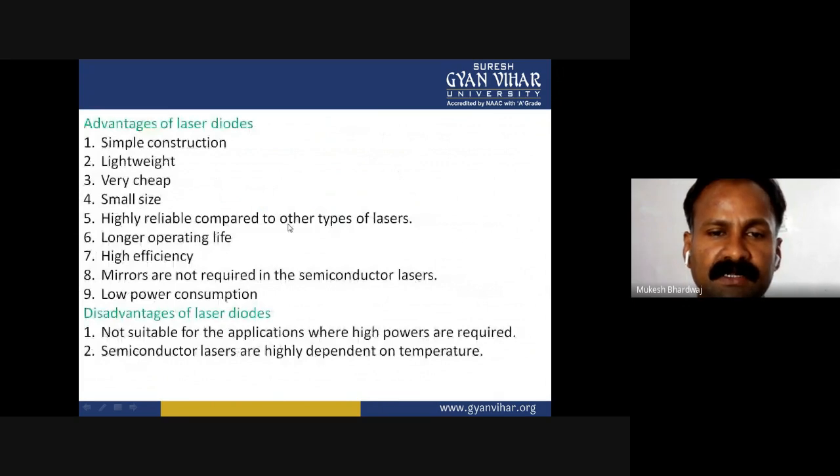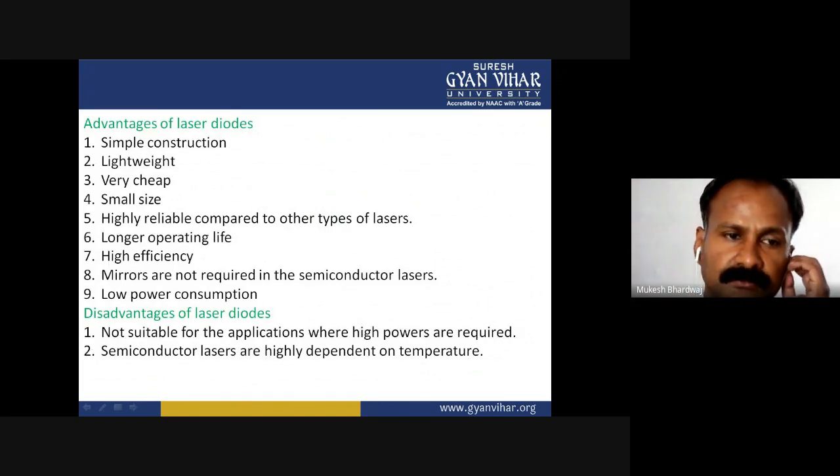Now, these are the advantages of the laser diode. A laser diode is simple in construction, light in weight, very cheap, small in size, and highly reliable compared to other types of lasers.